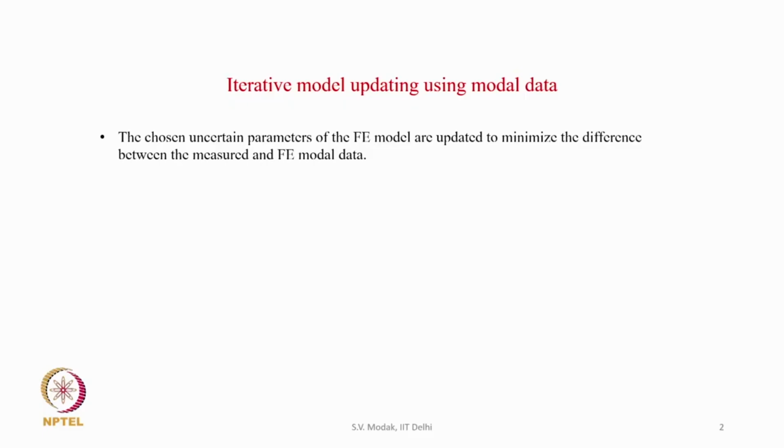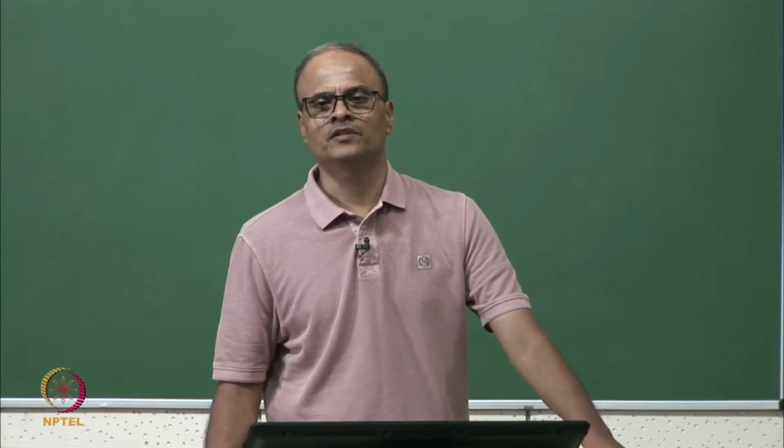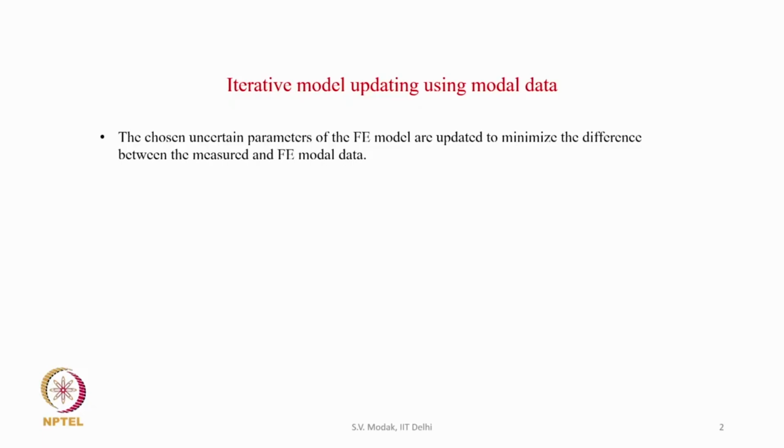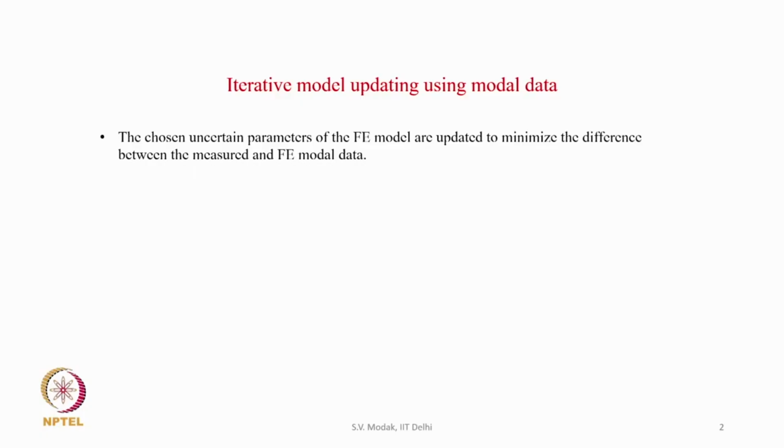In the iterative method, the chosen uncertain parameters of the FE model are updated to minimize the difference between the measured and FE model data. The direct entries of the stiffness and mass matrices are not updated. What is updated are the chosen parameters of the model, and these parameters indirectly affect those system matrices. Let us say we have chosen q number of parameters that we would like to update.